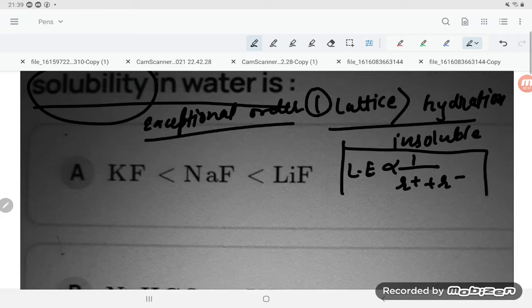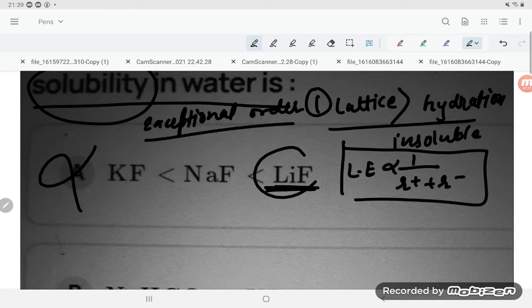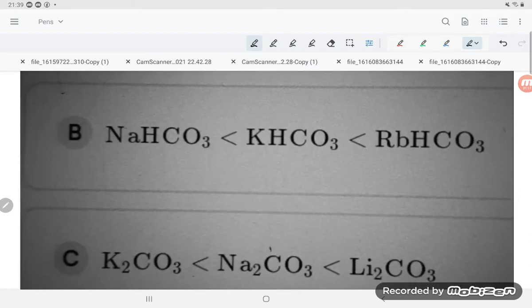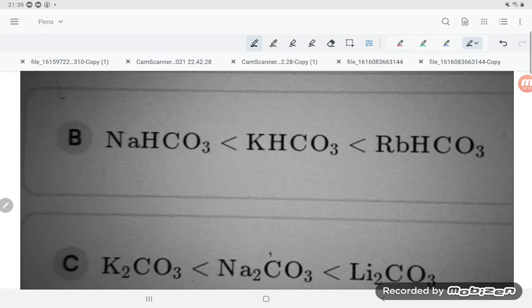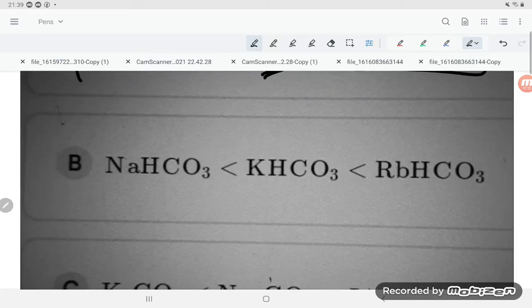In LiF, both cation and anion are small, so it has a very high lattice enthalpy and is insoluble in water. So this order is wrong.